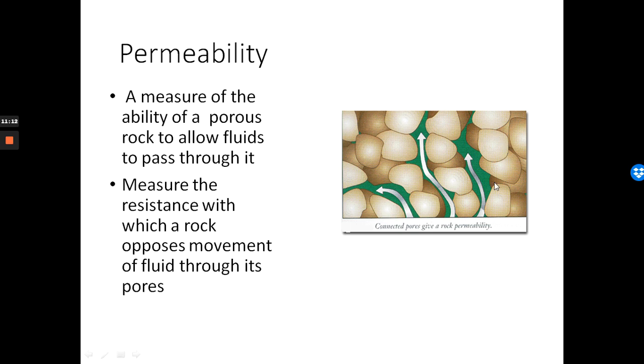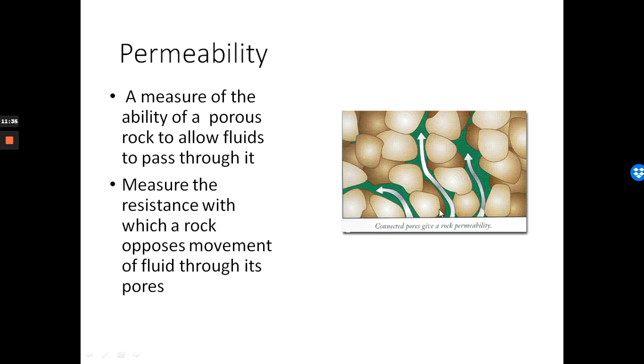So look at the cartoon here. This is a sand, and you have sand grains here, but you also have pores, right? Now pores are good. They can store fluids, right? Water and oil and so on. But we don't just need to know about pores. We need to know how the pores are connected to each other. They need to form a pathway.